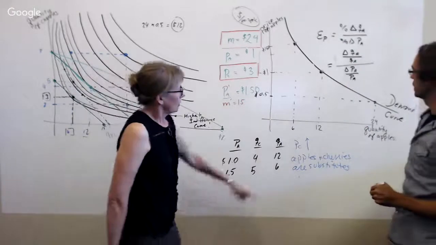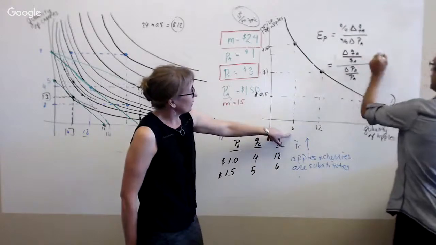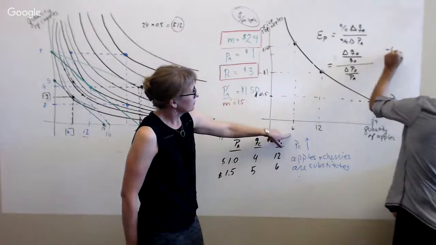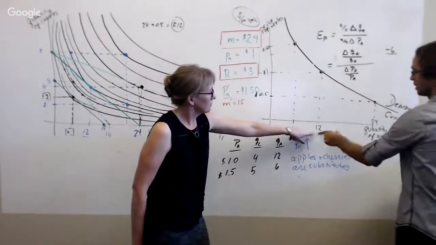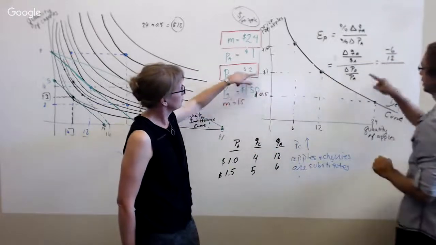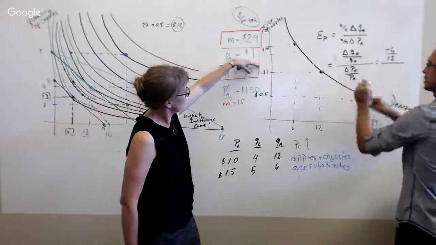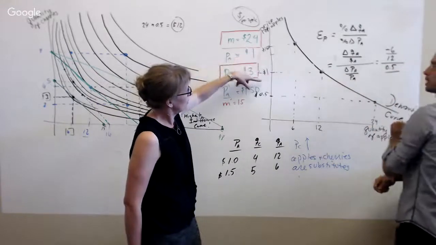So let's calculate it. We have an absolute change of -6 in the quantity demanded of apples when the original amount was 12. And that has to be divided by the absolute change in price, which is 50 cents, when the original price was 1.